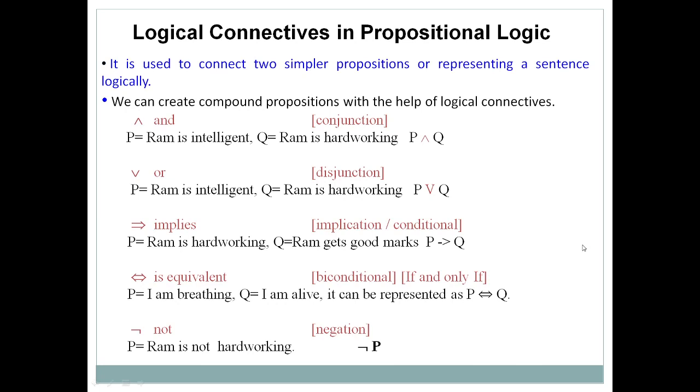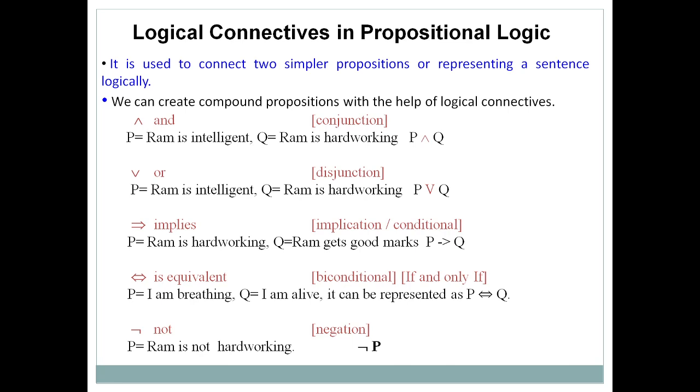Now the next topic is the different logical connectives that you can use in order to form a compound proposition. These logical connectives are very important, because more than one statement can be connected with each other by using them. Propositional logic supports five different types of logical connectives, which we are going to discuss one by one.